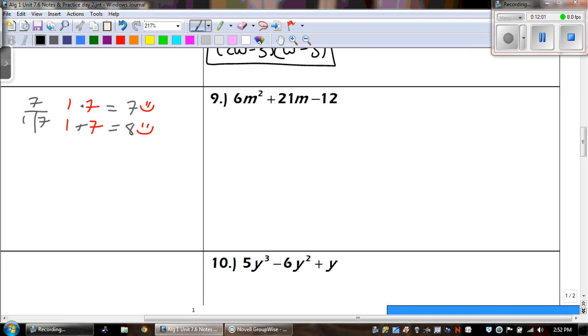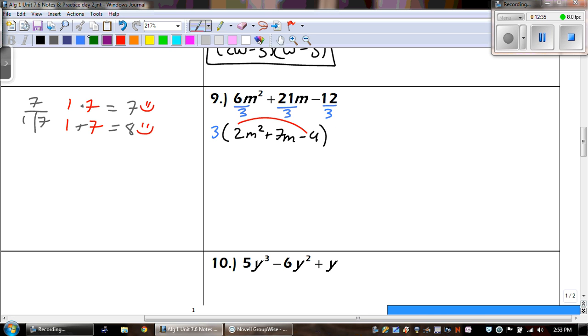All right, what about 9? What's the GCF? There is one. We can take out a 3. So the 3 comes out front, and we're left with 2m squared plus 7m minus 4. Is my leading coefficient 1?